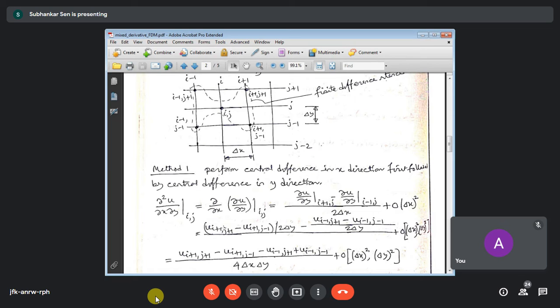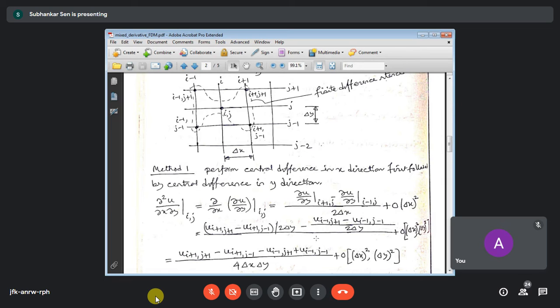So i plus 1 is not changing, so divided by 2 delta y. So this distance is delta y, this is delta y, so this is 2 delta y. And similarly for this point, your i is not changing. So this is i minus 1 and i minus 1, but j is changing from j plus 1 to j minus 1. And the distance is 2 delta y. Here I forgot to write 2 delta x, so there is one 2 delta x here.